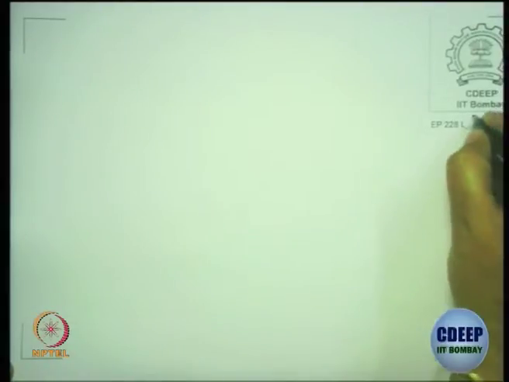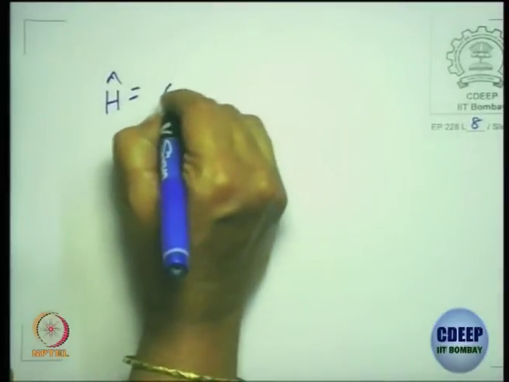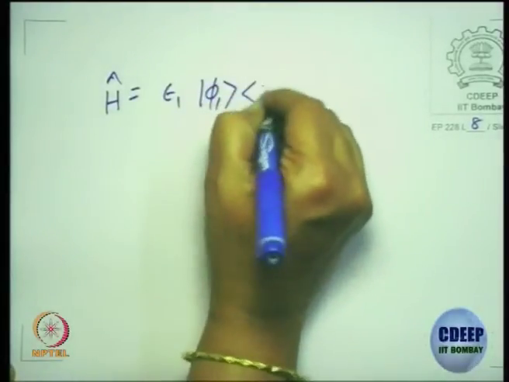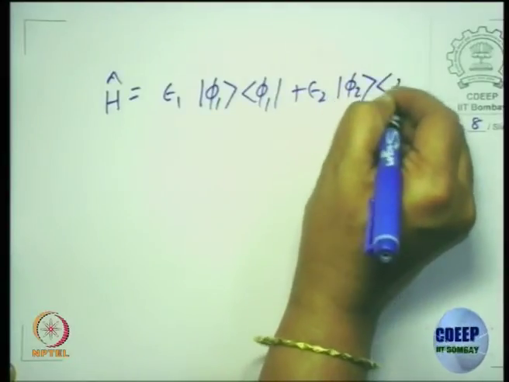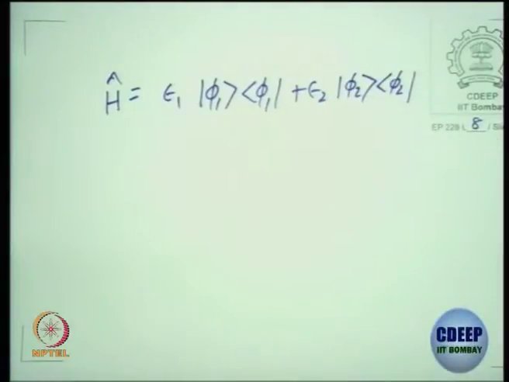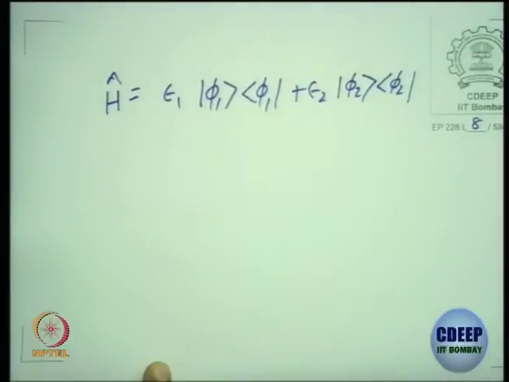Suppose I give you that the Hamiltonian is epsilon 1 phi 1 phi 1 plus epsilon 2 phi 2 phi 2. What does this mean? These two are like the projection operators. There are no cross terms.